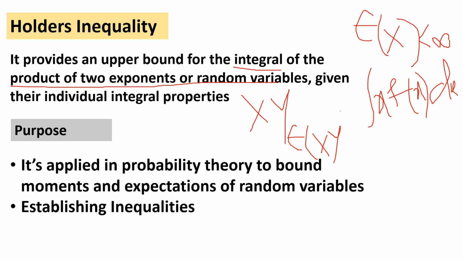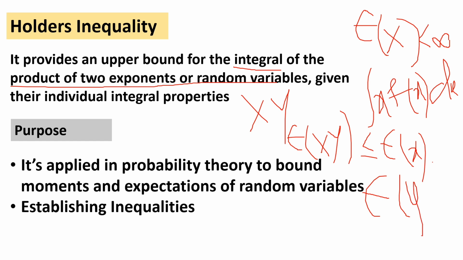As we are solving the inequality theorem, it is less than or equal to, given their individual integral properties, expectation of X into expectation of Y. This is the individual integral properties. Now here we are considering the two exponents, which can be considered as moments, the 1 by pth moment or 1 by qth moment.